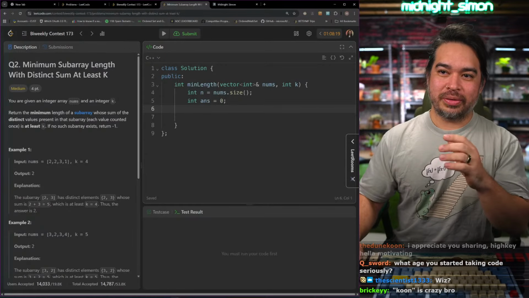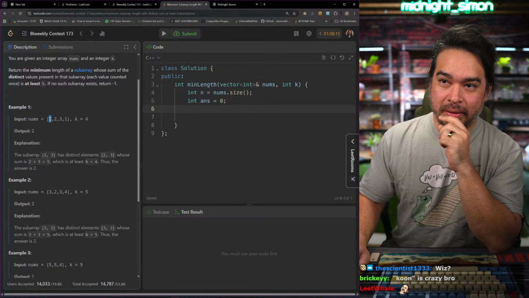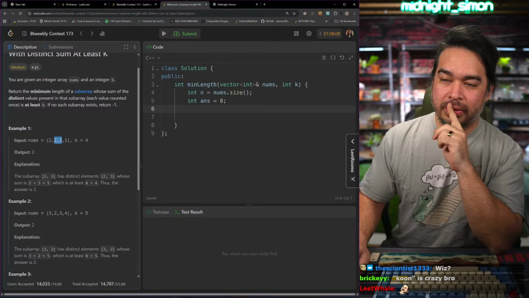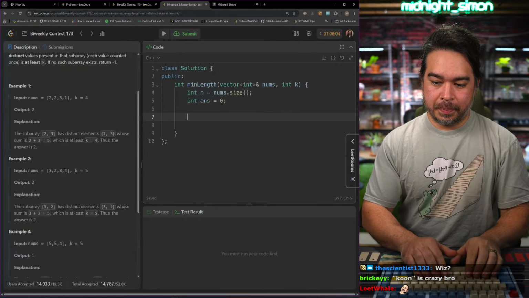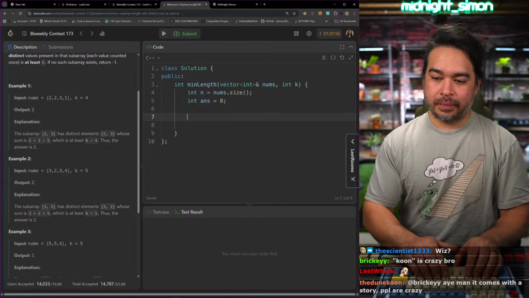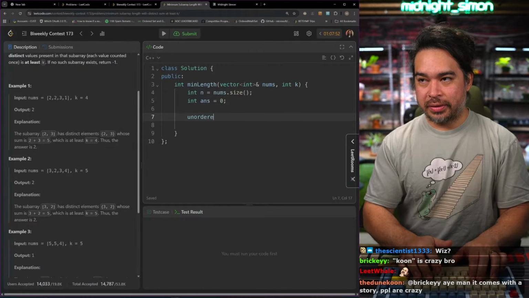Anyways, Q2 in this thing. What was I thinking? So the minimum length, at least K, would be there or there, right? So I think we need a multi-set, or I guess I can use an unordered map.